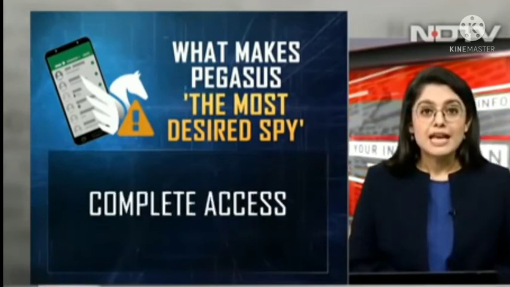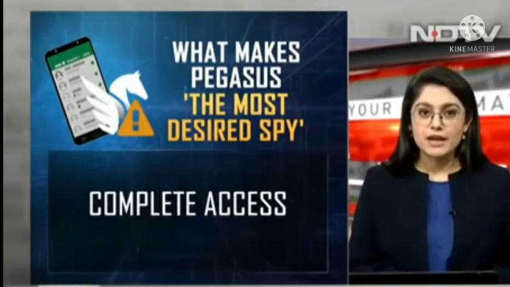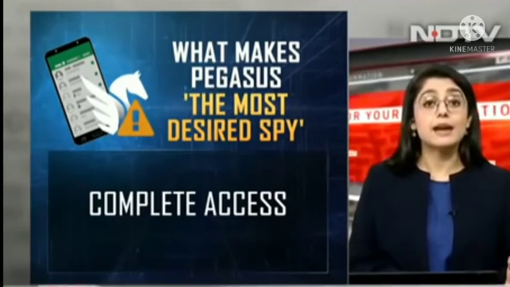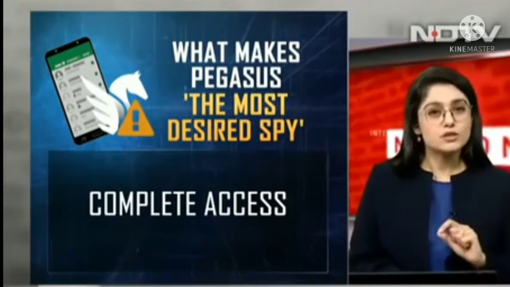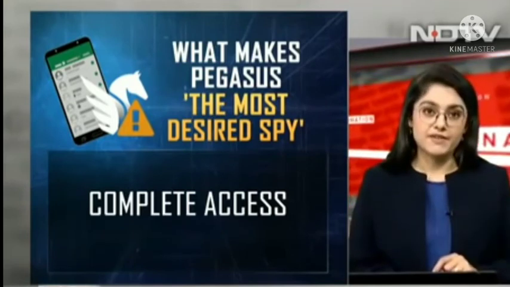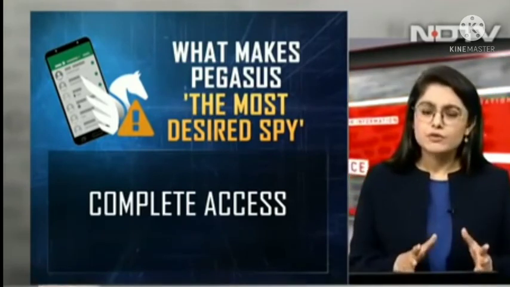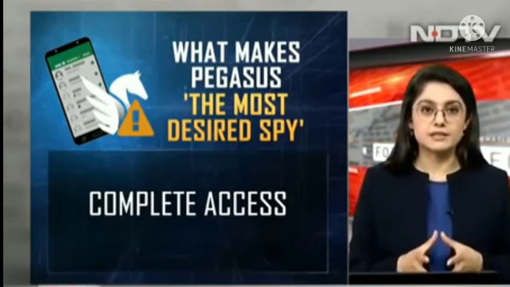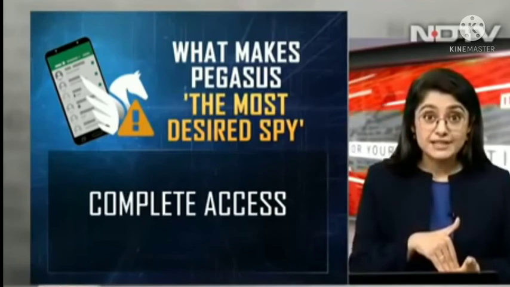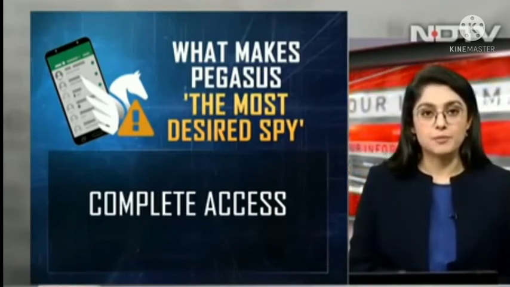Number 4 is access to your entire phone and your entire life with it. Now, end-to-end encrypted apps don't stand a chance, as Pegasus attaches itself to what is called the kernel of the device, which, to give you an analogy, is the heart of the operating system. Once that is infected, the entire system is compromised.